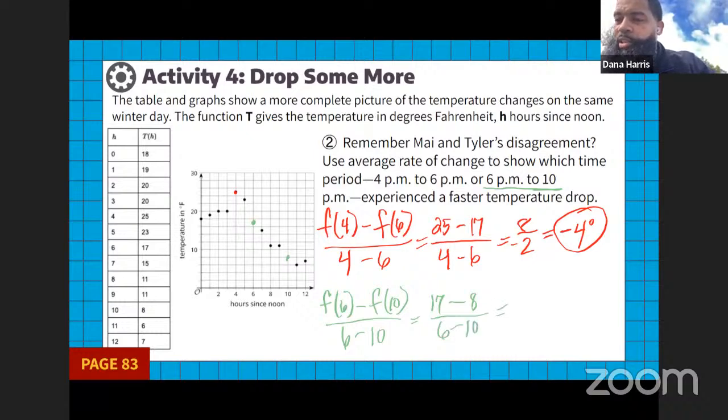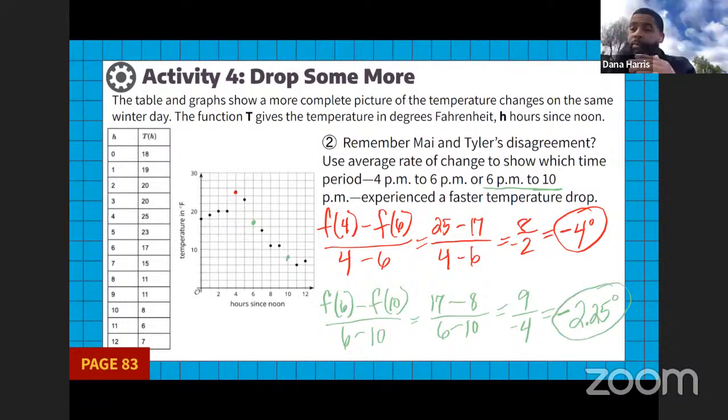So this gives me 17 minus 8 is 9, and 6 minus 10 is negative 4. So it is a decrease in temperature, and it's 2.25 degrees, okay? So between 6 p.m. and 10 p.m., the temperature dropped 2.25 degrees per hour. Between 4 p.m. and 6 p.m., the temperature dropped 4 degrees per hour.